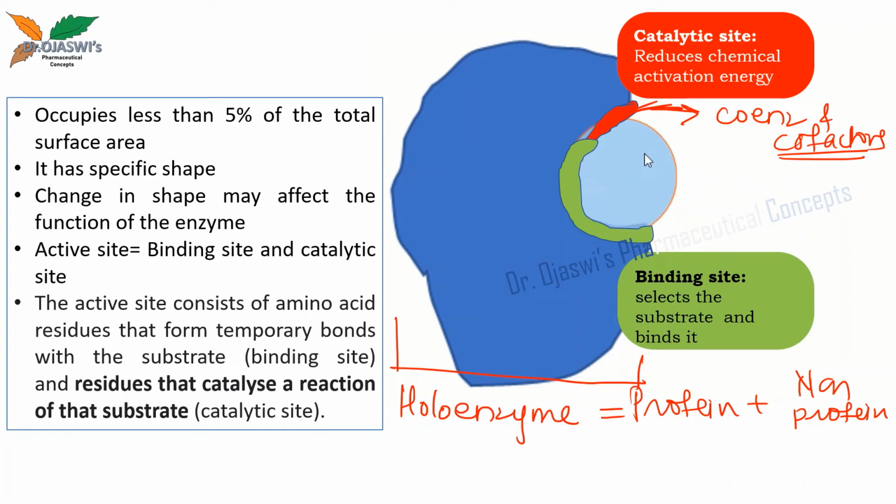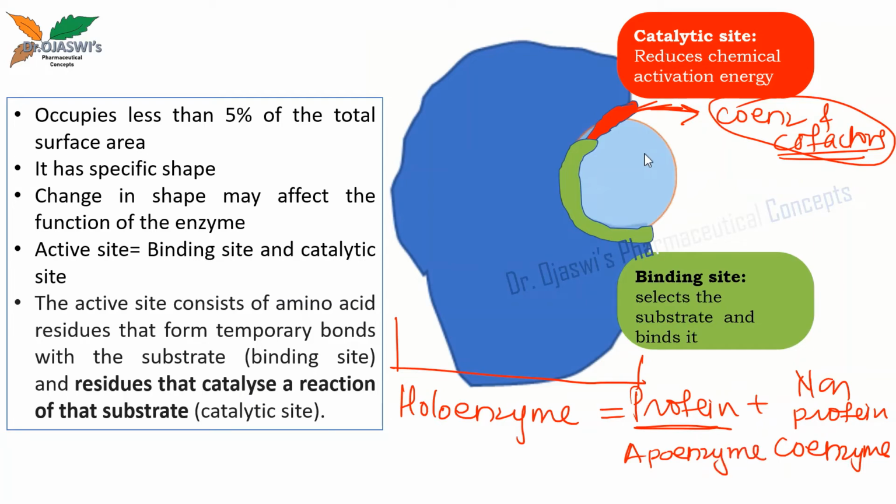These are the non-protein parts of the enzyme. This non-protein part is nothing but the coenzyme, and the protein part of the enzyme is called the apoenzyme.